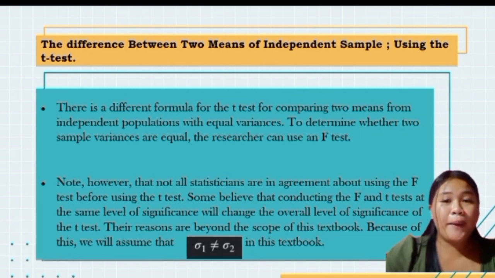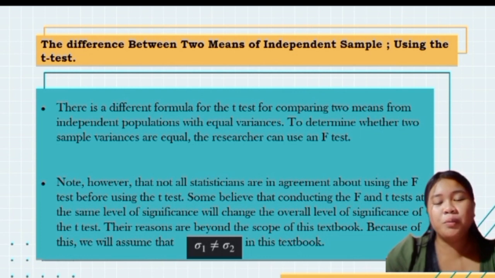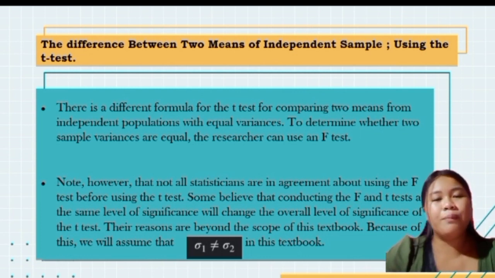The reasons are beyond the scope of this textbook. Because of this, we will assume that sigma sub 1 is not equal to sigma sub 2 in this textbook.